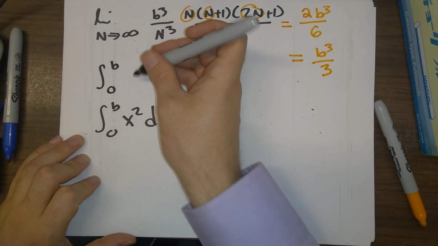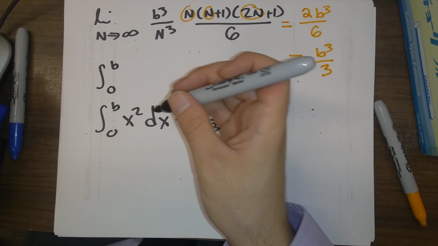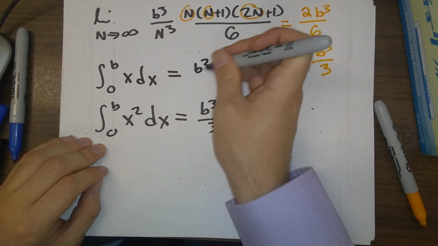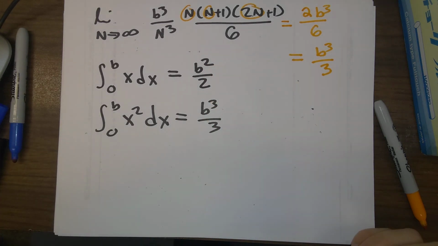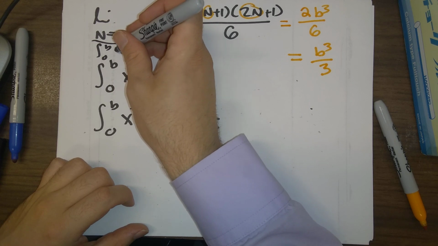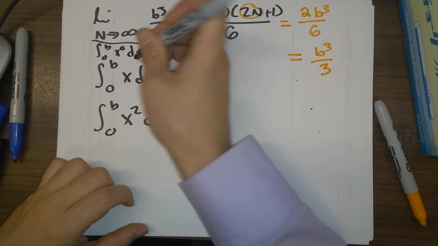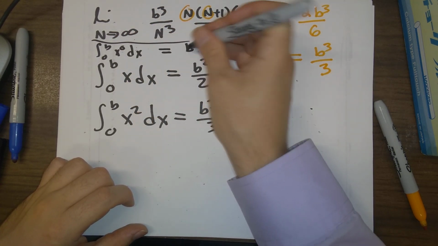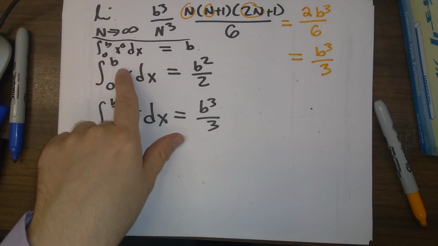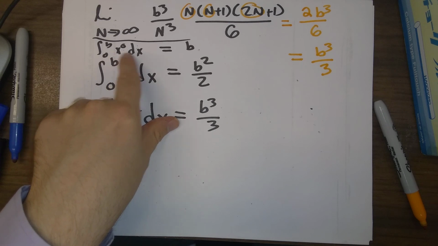Also, the integral from 0 to b of x dx from before was b squared over 2. And if I ask, what's the integral from 0 to b of x to the 0 dx? That's just 1. That's just b. So something you should be noticing here, there's a little bit of a pattern. The integral of x to the 0 gives us b.